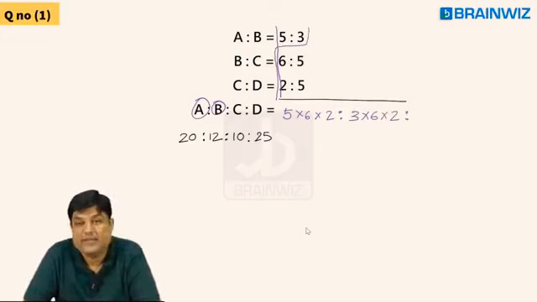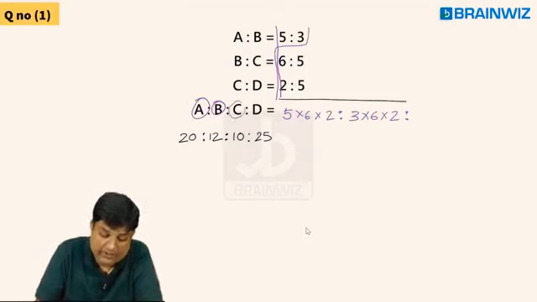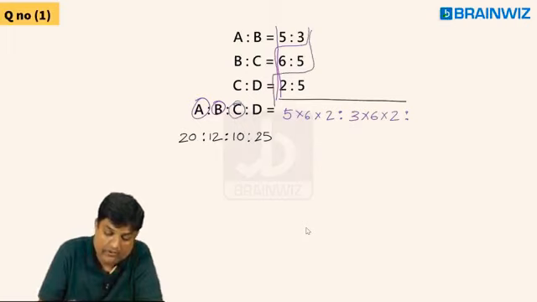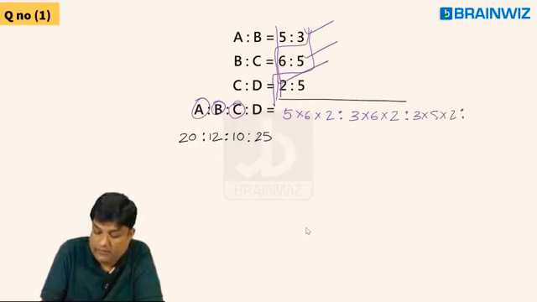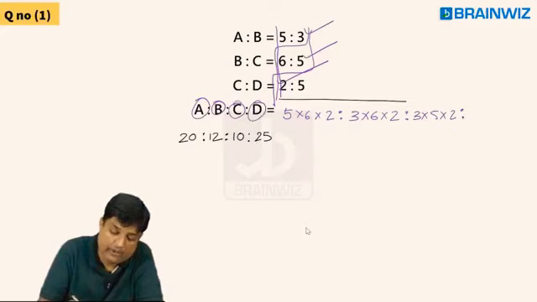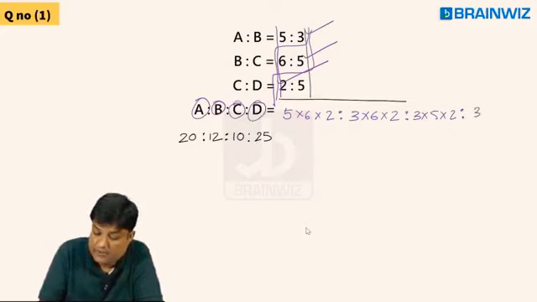Who is the third fellow? C. If you want C, come like this and multiply these corner values: 3 into 5 into 2. If you want the fourth value, D, multiply all these things: 3, 5, 5.